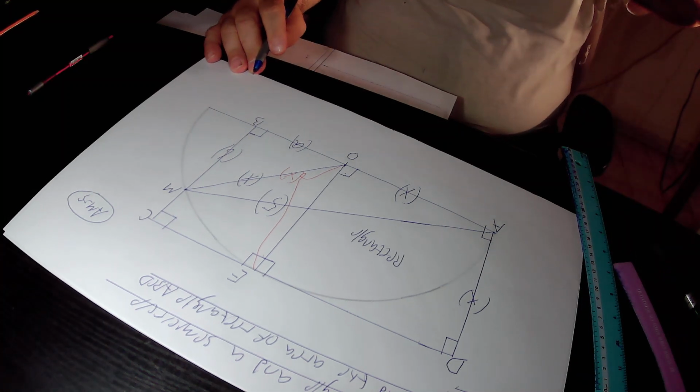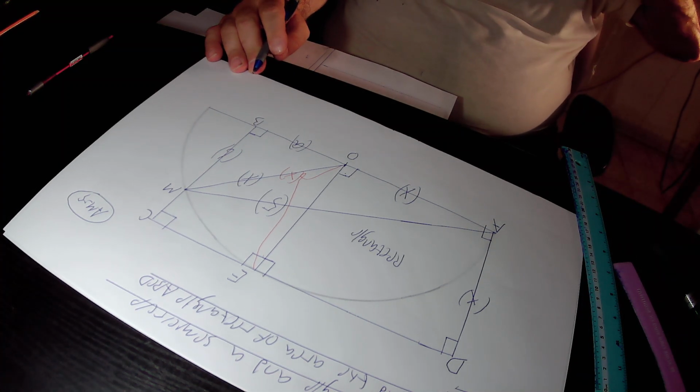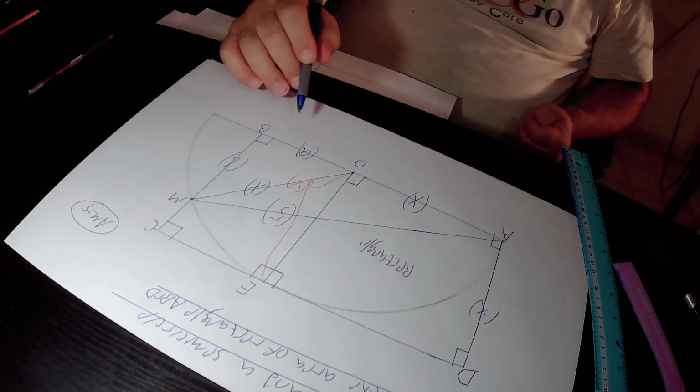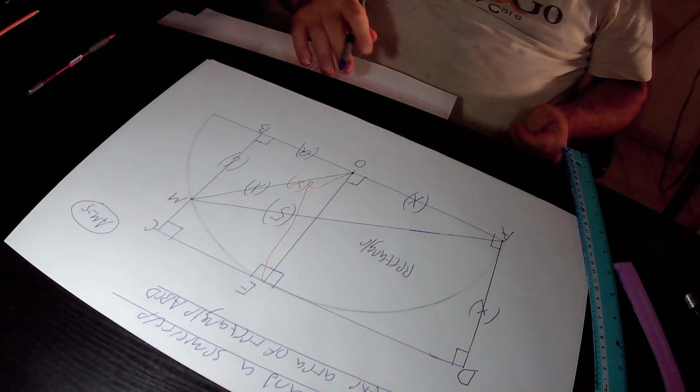In the next step, I'll copy the right triangle OMB in a new page, and we'll implement the Pythagoras theorem on this small right triangle OMB.